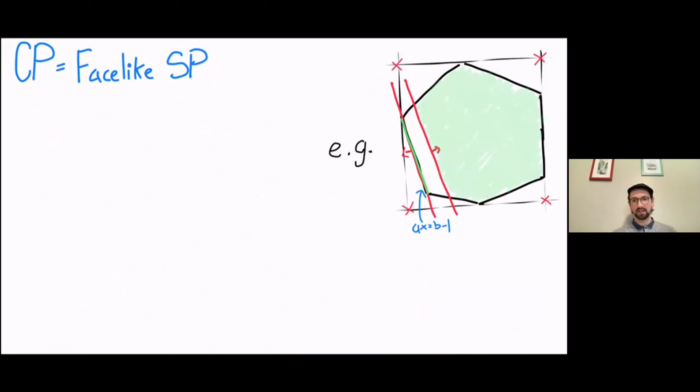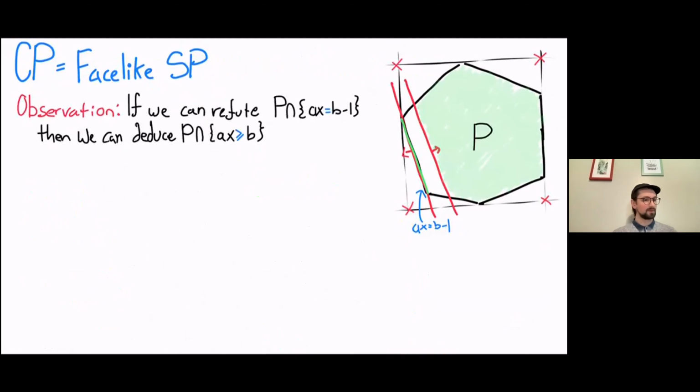So here's a face-like query on the right-hand side, and I'll just show you how to do it on this example. The simple observation is that if we could refute the polytope P intersect with ax equal to b minus 1, or the face here, then we can deduce that the polytope P intersect with ax greater than or equal to b.